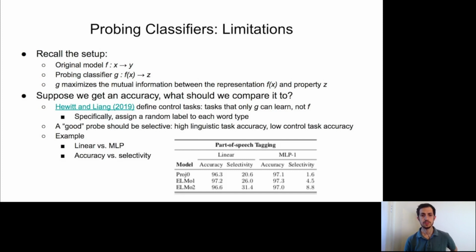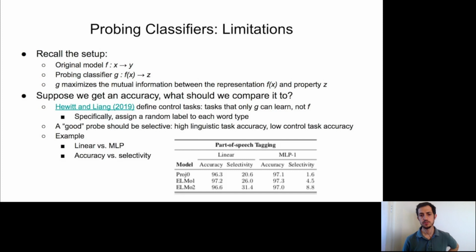So that tells us that you could pretty much memorize the random labels if you're using a multi-layered perceptron, where the selectivity is very low. So it's also important to take this into account when you compare a linear classifier to a multi-layered perceptron.